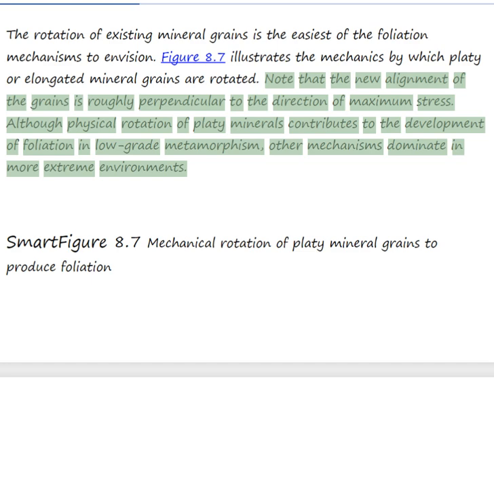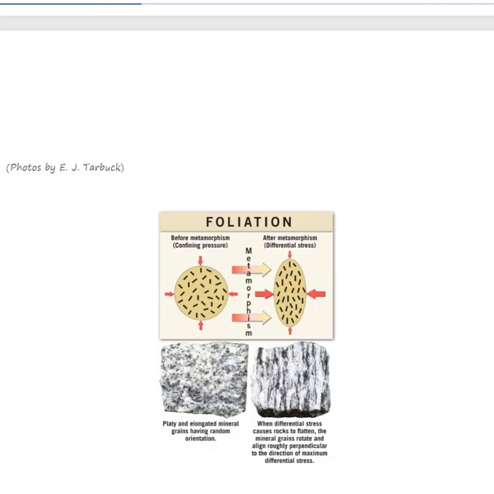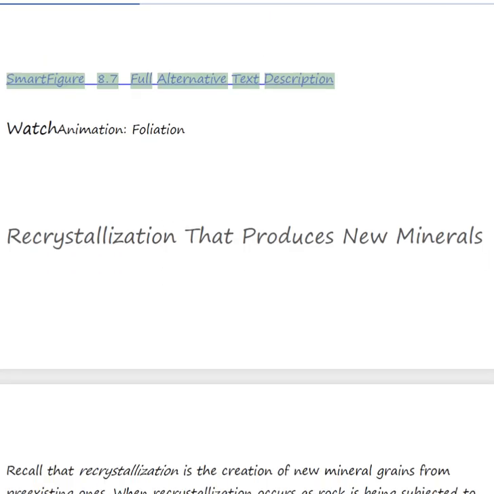Although physical rotation of platy minerals contributes to the development of foliation in low-grade metamorphism, other mechanisms dominate in more extreme environments. Figure 8.7 Mechanical rotation of platy mineral grains to produce foliation.